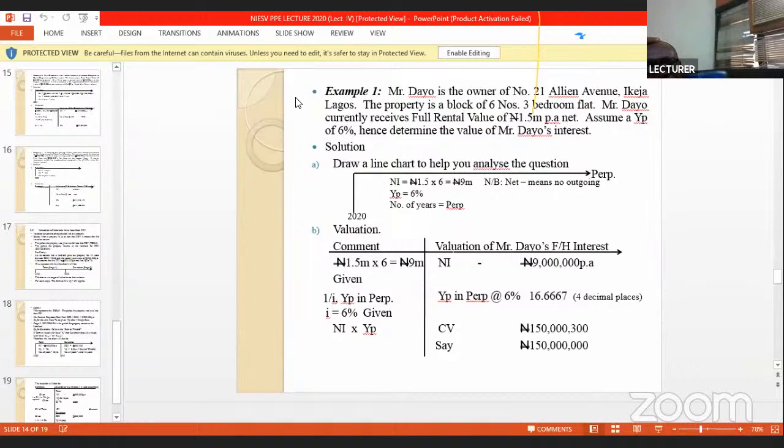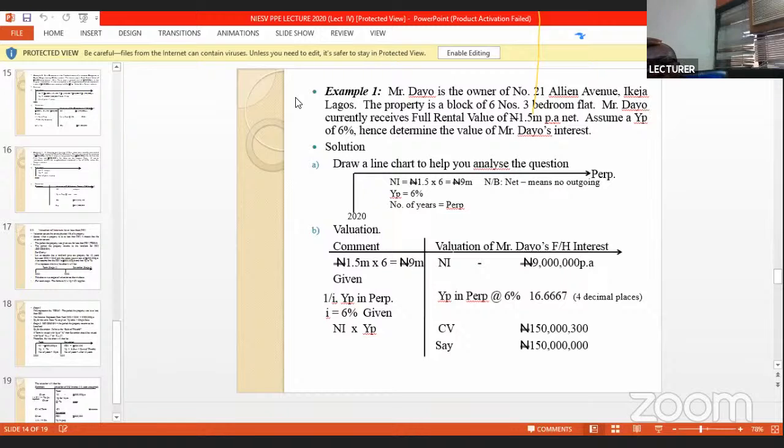If we don't see that per annum, then we don't know what you are using, whether you are using 1 month rent, quarterly rent, half yearly rent, or any other thing. But when we see that per annum, we know that you understand that valuation should be done with rent for 1 year.